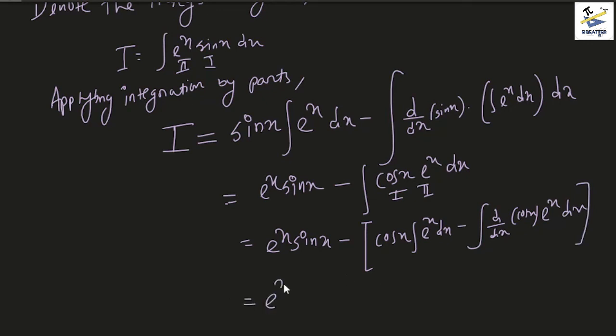So it becomes e to the power x sin x minus e to the power x cos x, and d/dx of cos x is minus sin x, and minus becomes plus. It becomes e to the power x sin x dx.